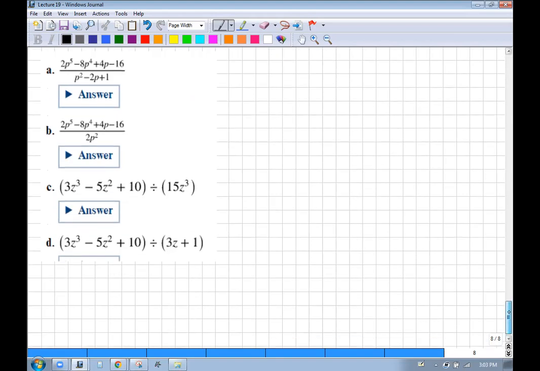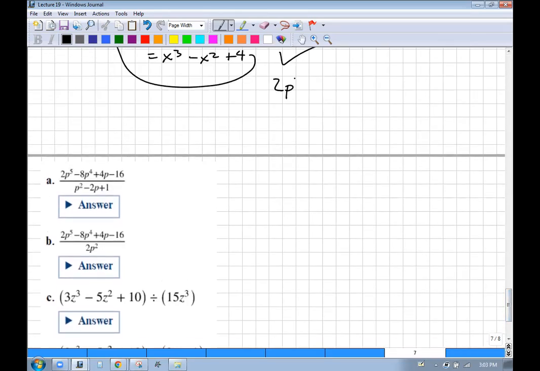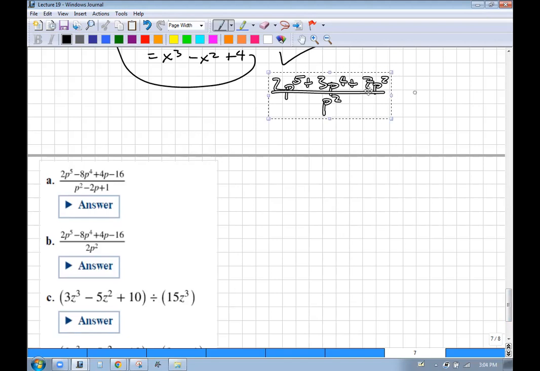They just had an example. What if I had something like this? 2p to the 5th plus 3p to the 4th plus 7p squared all over p squared. All right, you don't have to do long division here.